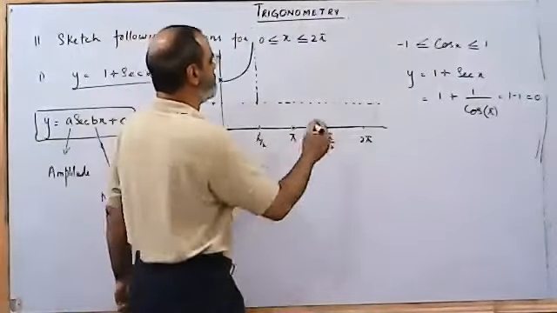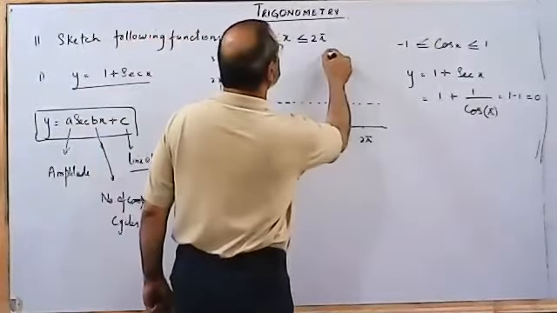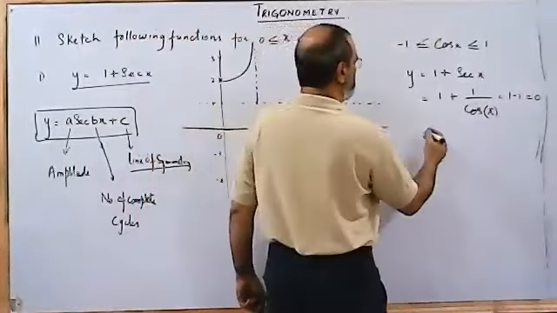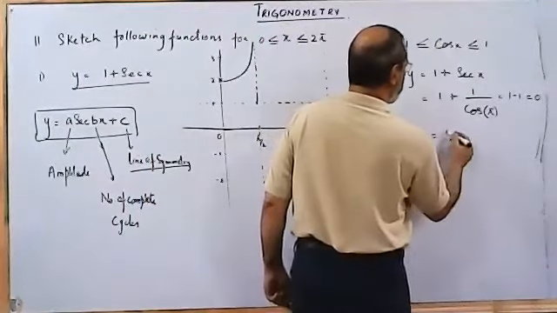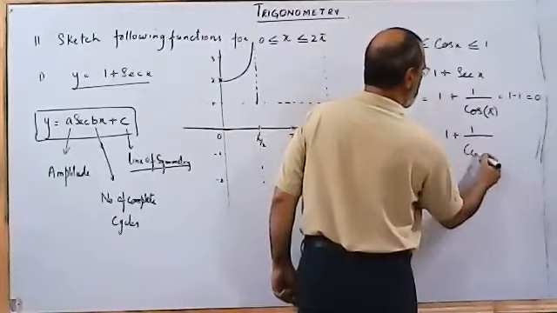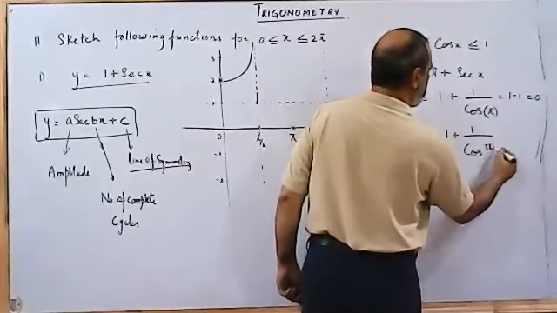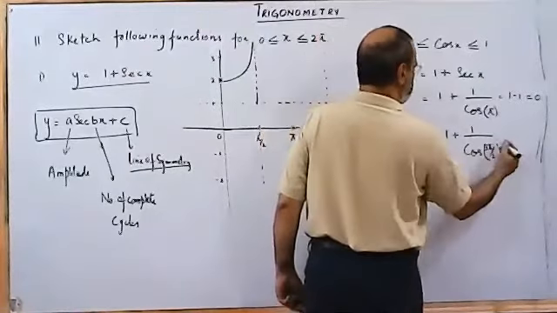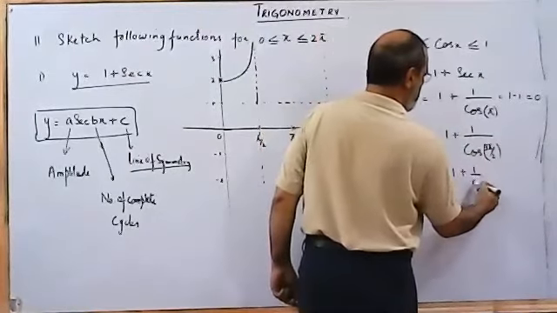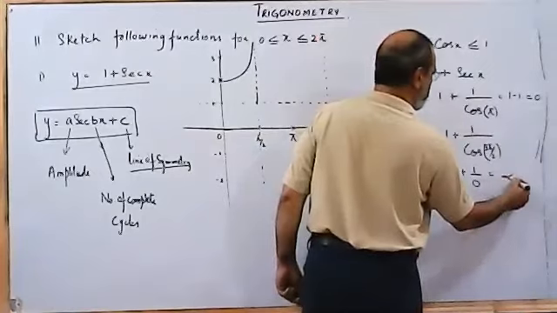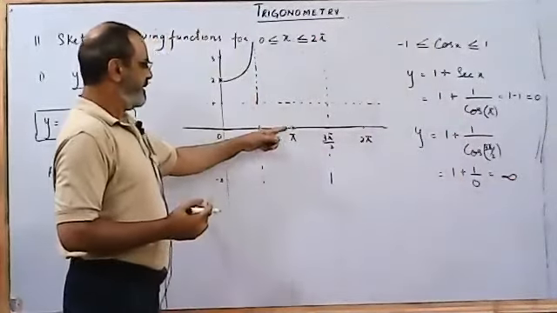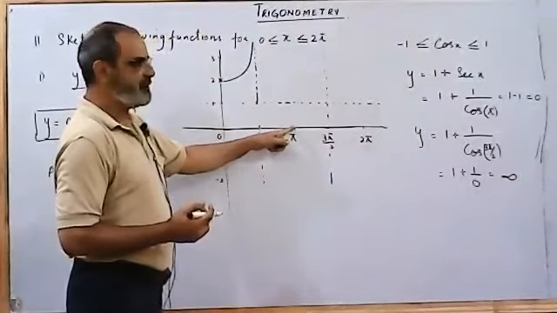At 3 pi by 2, y is equal to 1 plus 1 over cos 3 pi by 2. At 3 pi by 2 again cos is 0. It gives you 1 plus 1 over 0, undefined. So again it is undefined. At pi it is 0.